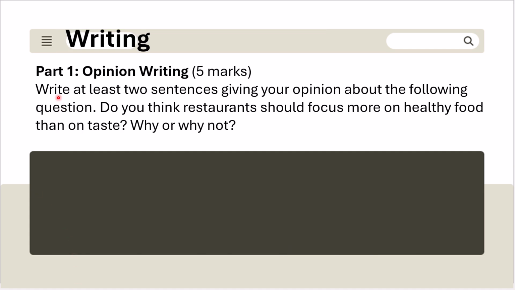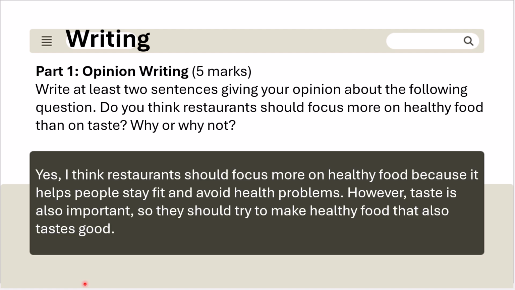Here, let's look at this writing question. Write at least two sentences giving your opinion about the following question. Do you think restaurants should focus more on healthy food than on taste? Why or why not? How can we begin? So give your opinion. Here you can find a sample answer.